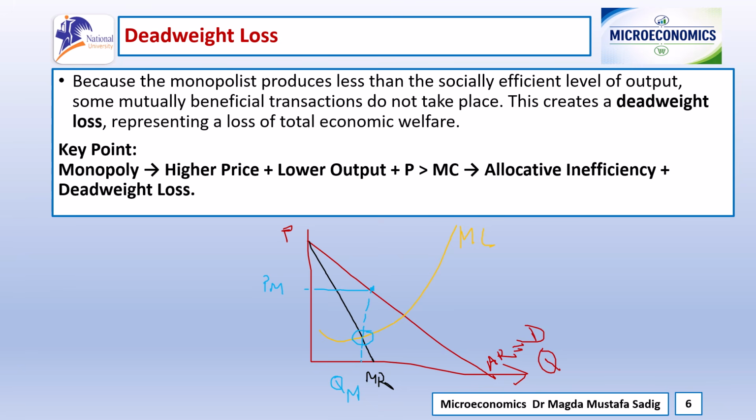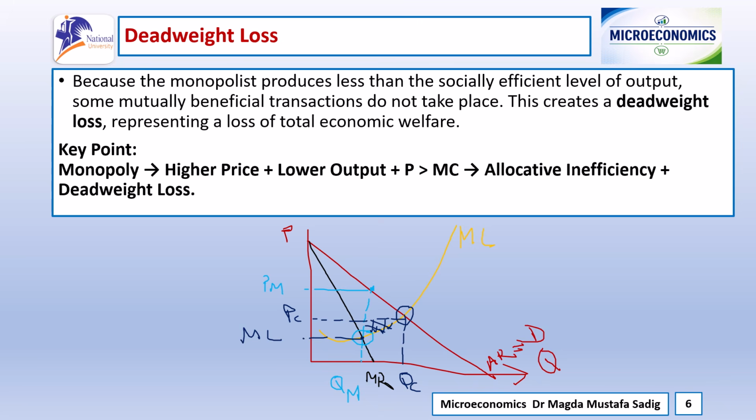Let me do it with another color, maybe the blue one. He should produce this amount. This is the Q that is socially efficient, and this should be the price. And this is the marginal cost. Okay, so this area is a deadweight loss. This area is a deadweight loss.